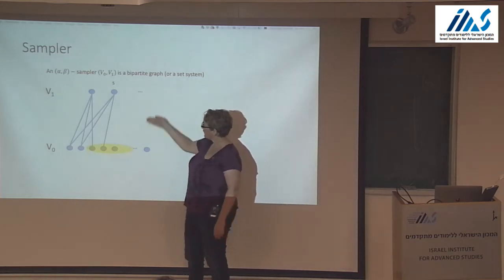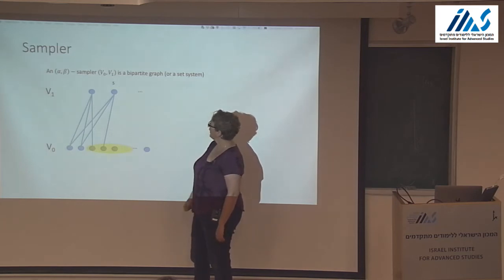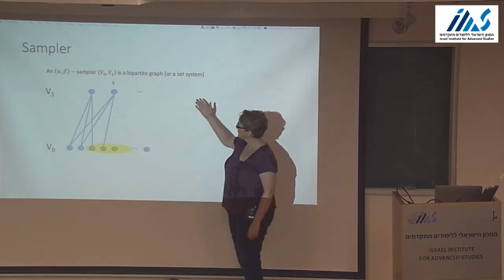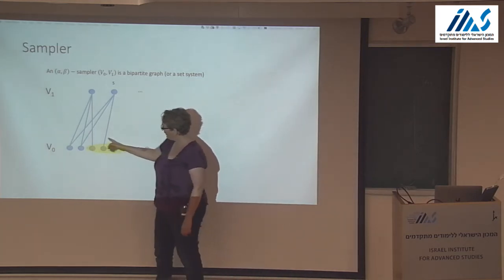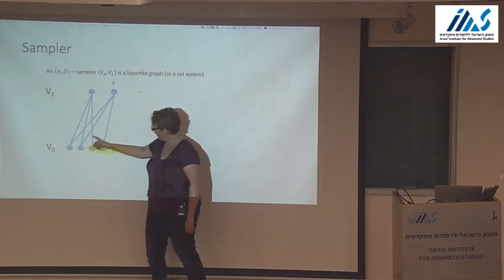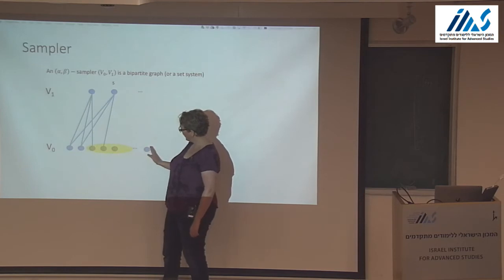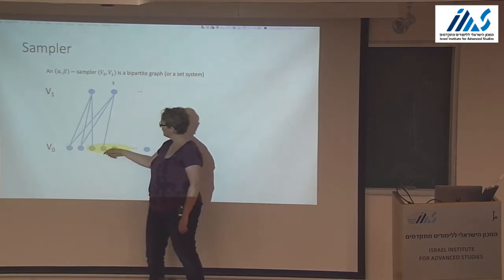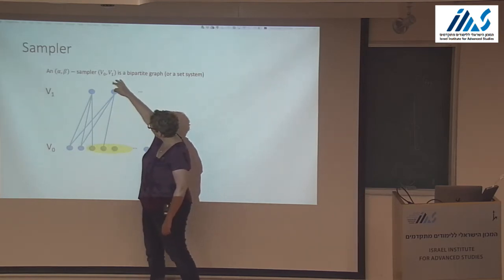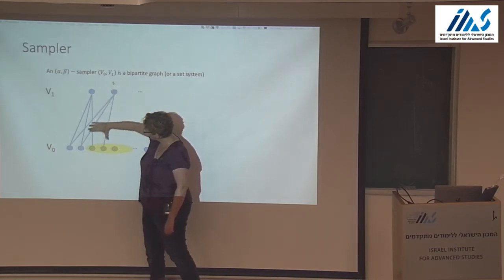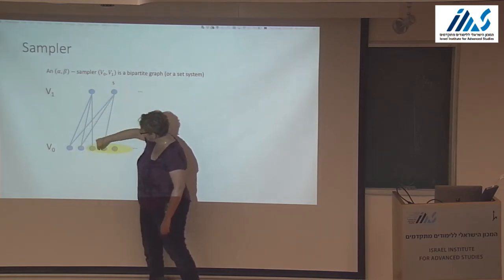You have a bipartite graph V0, V1, and you say that it's an alpha-beta sampler if for any function on the vertices, or even think of just a subset, if you want to know the measure of this subset, it's almost captured by looking at a typical vertex here and asking how many neighbors this vertex has in this subset.